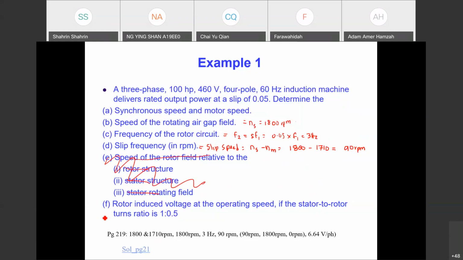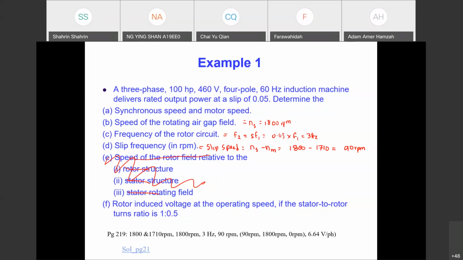We go for F. Rotor-induced voltage at operating speed if the stator to rotor turns ratio is 1 to 0.5. Rotor-induced voltage at operating speed if the stator to rotor turns ratio is 1 to 0.5.